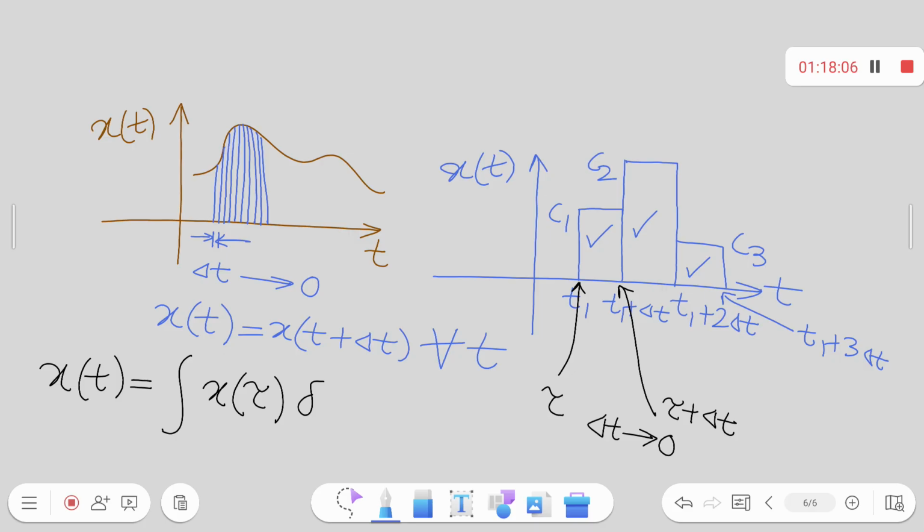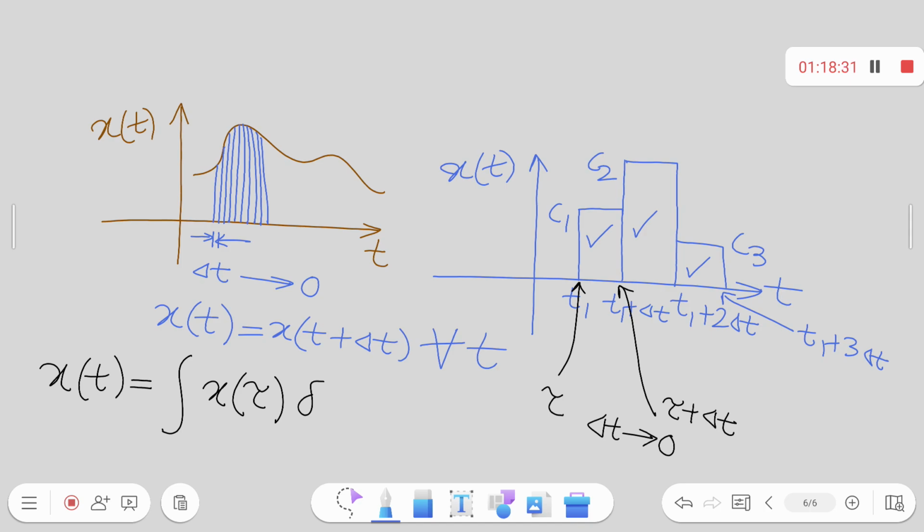Then the value changes to C2, then the value changes to C3, and so on. So this x of tau is a constant value existing only for t is equal to tau to tau plus delta t, and delta t is very small, it's almost constant.